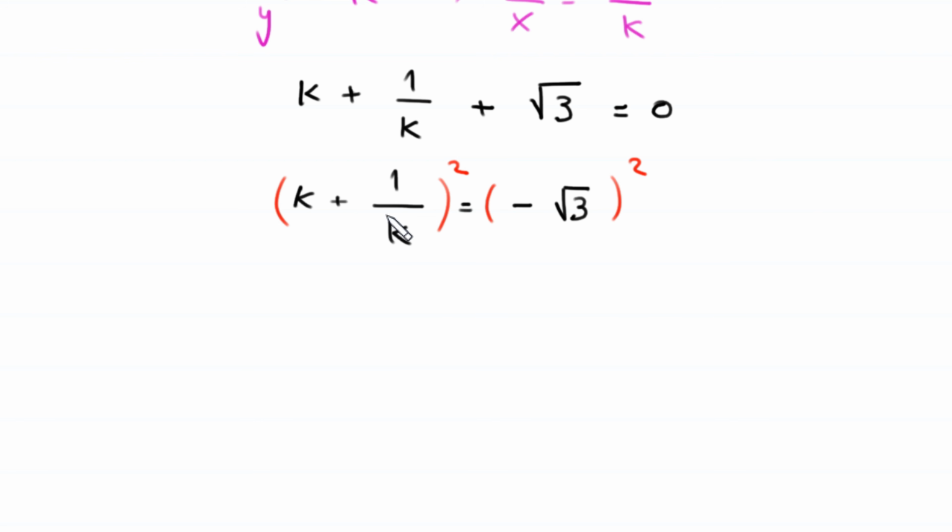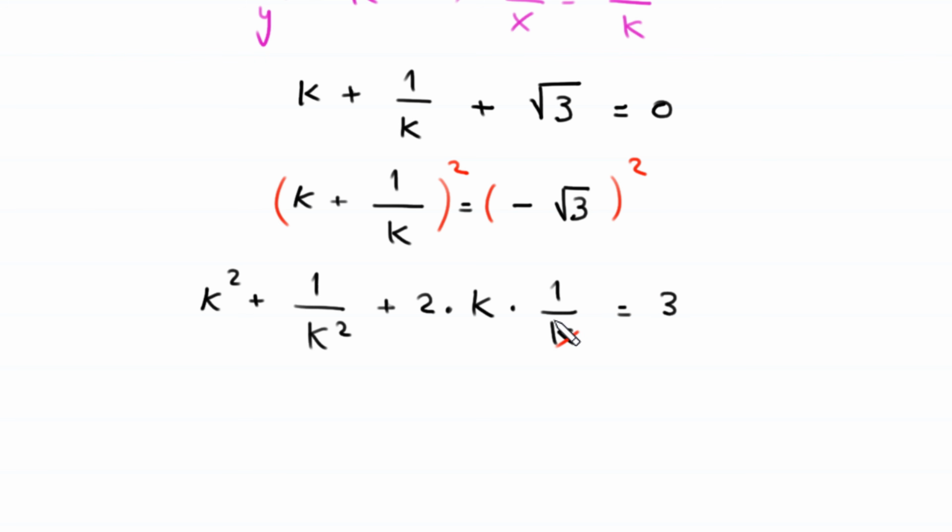This (k plus 1 over k) whole squared will become k squared plus 1 over k squared plus 2 times k times 1 over k, equal to (negative root 3) squared, which will become positive 3.